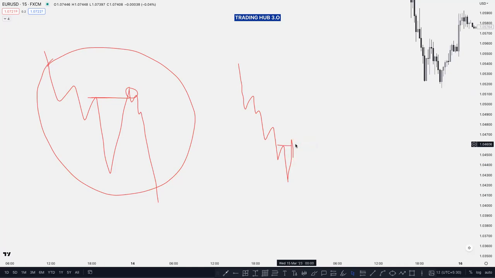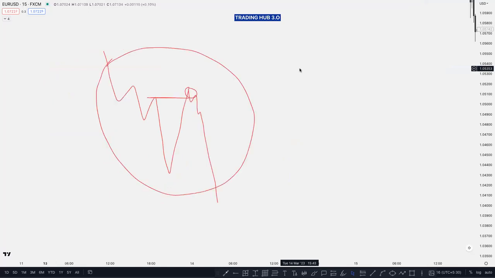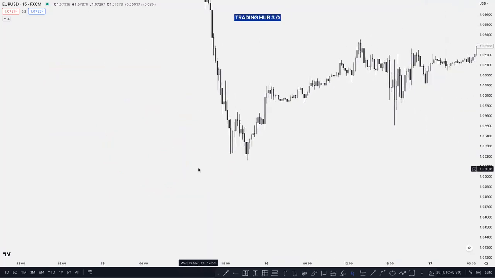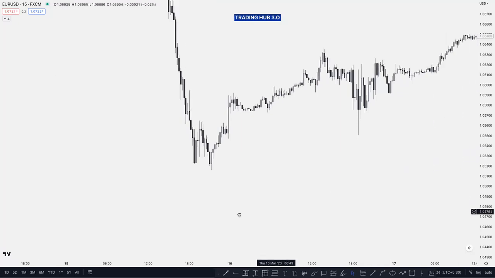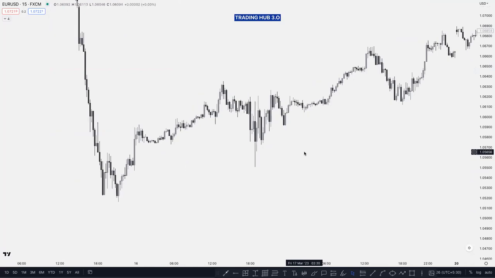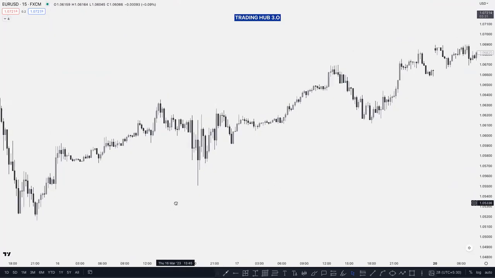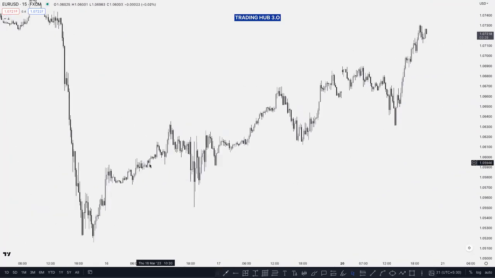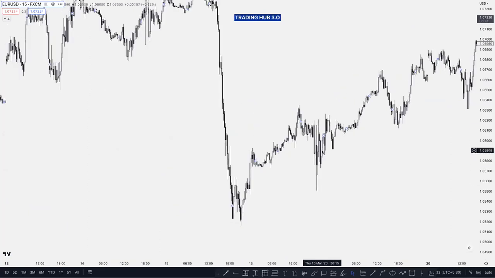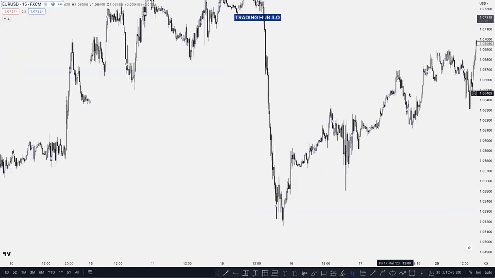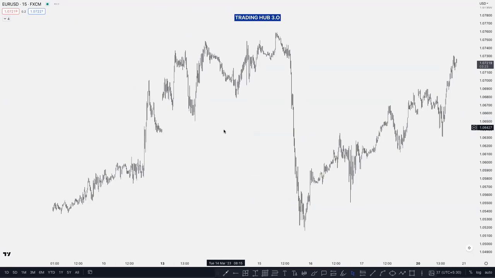Let me show you exactly on the chart, and then you can understand better and more clearly. You can see here, this is our counter trend buy, sell, buy, sell, everything, right?